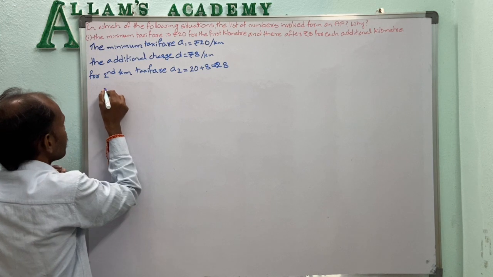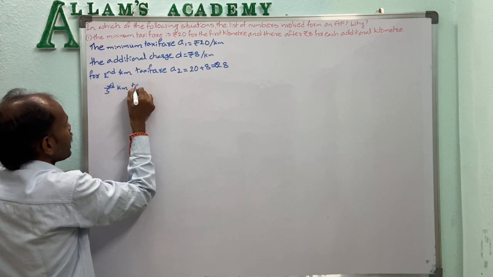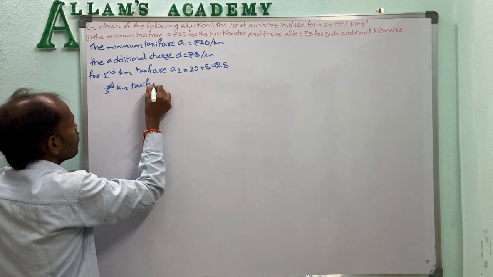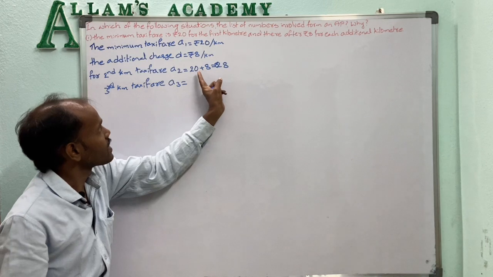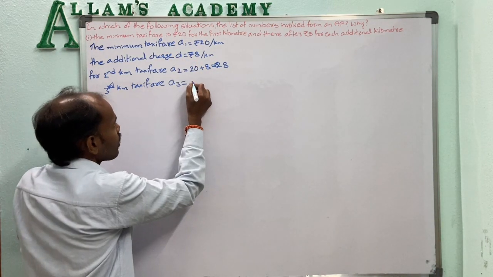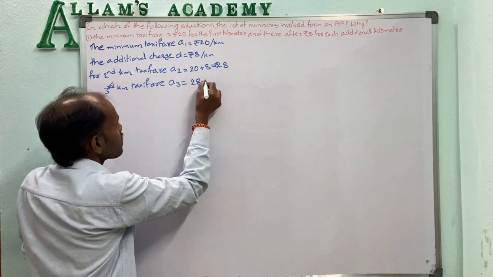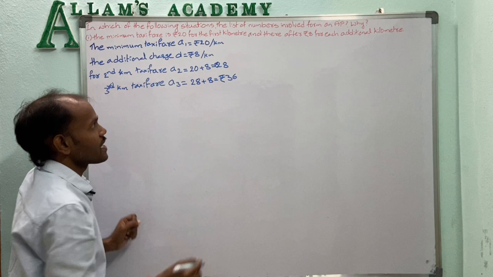For the third kilometer taxi fare, A3 is equal to the second one plus again the common difference: the second kilometer is 28 rupees, and again adding 8 rupees, we get 36 rupees.